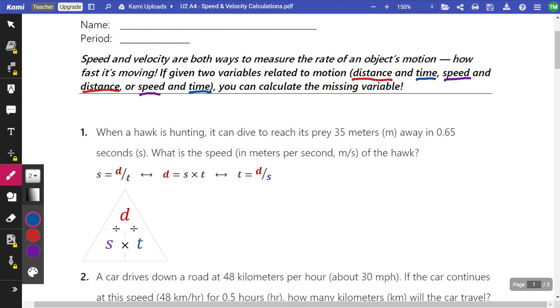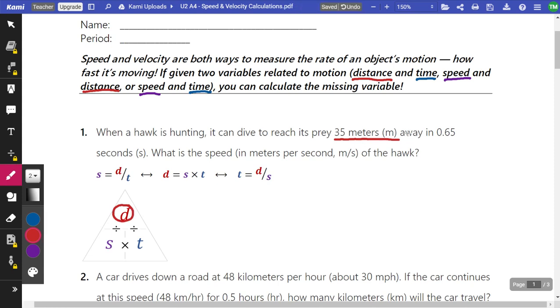So in this first problem, when a hawk is hunting, it can dive to reach its prey 35 meters away in 0.65 seconds. We want to know the speed in meters per second of this hawk. So our 35 meters is the distance that our hawk can go.